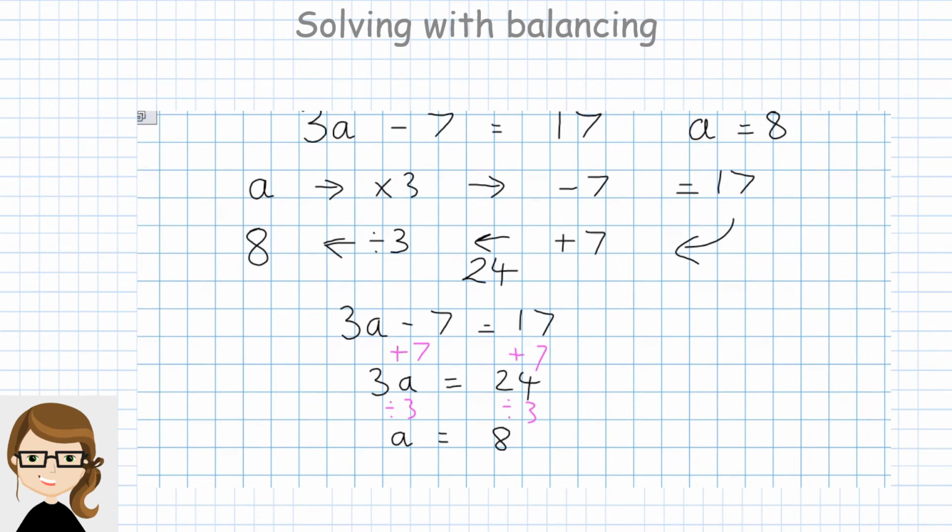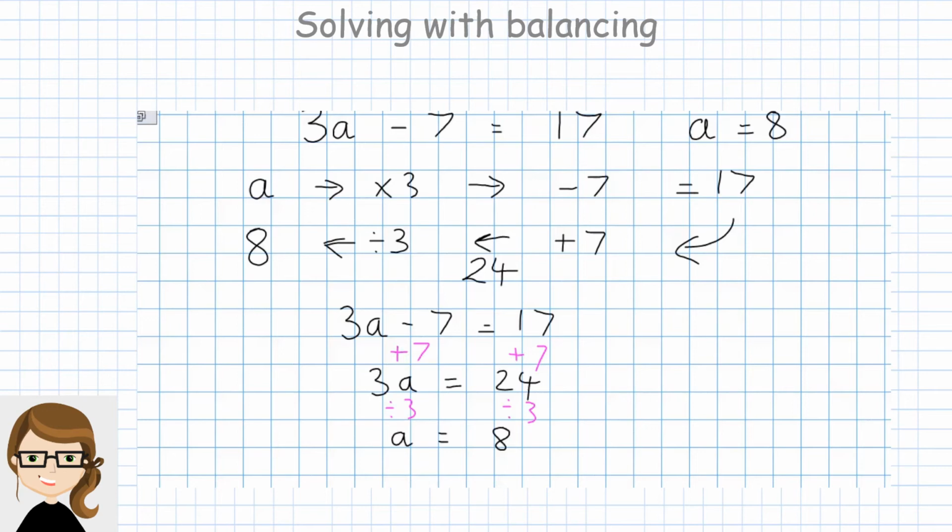So it's the same method really. The steps to follow are generally you want to get rid of the extra number part, so the -7 part first, and then do the reducing it down to one letter afterwards.